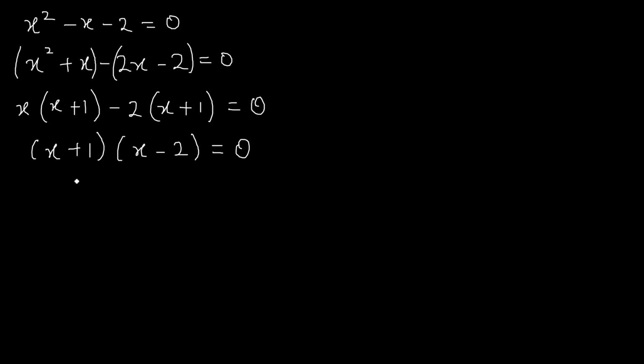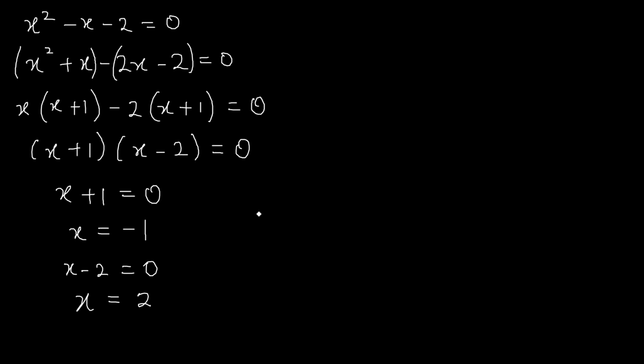So we are going to take the brackets one after the other to find the value for x. Let's pick the first bracket, which is x plus 1. If x plus 1 is equal to 0, that means x is equal to negative 1. What if x minus 2 is equal to 0? If x minus 2 is equal to 0, that means x is equal to positive 2.